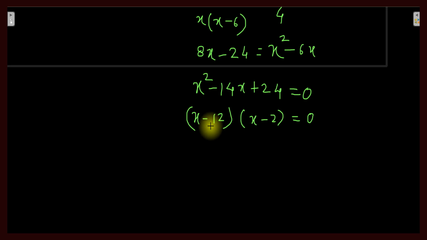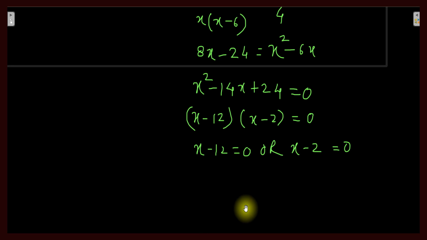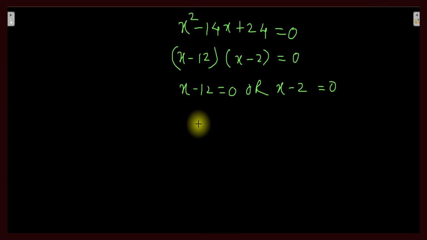And therefore either this bracket should be 0 or this bracket should be 0, then only the product of these two brackets will be 0. And so here x minus 12 is equal to 0, or x minus 2 is equal to 0. And so x is equal to 12, or x is equal to 2.